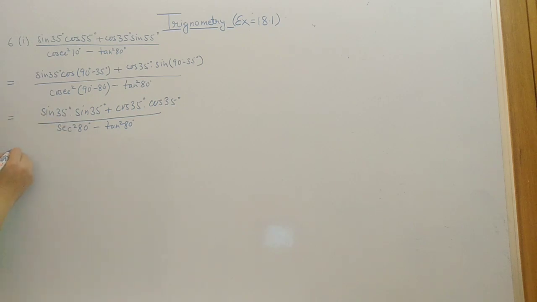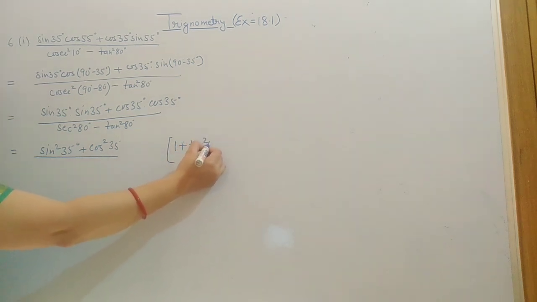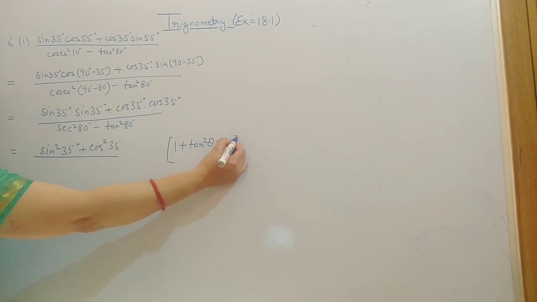So numerator we have sin square 35 plus cos square 35, divided by sec square 80 minus tan square 80. By second identity, we have 1 plus tan square theta is equal to sec square theta.